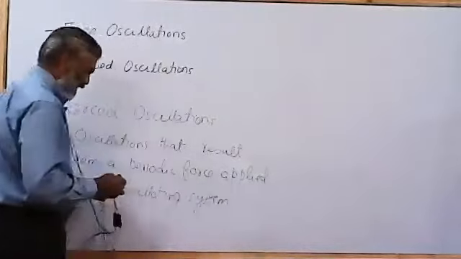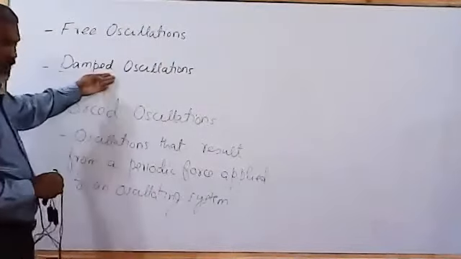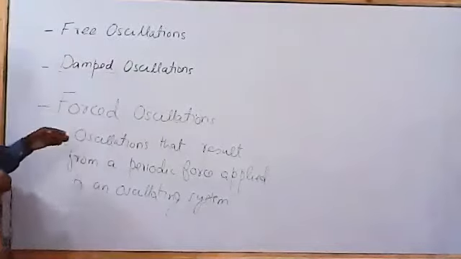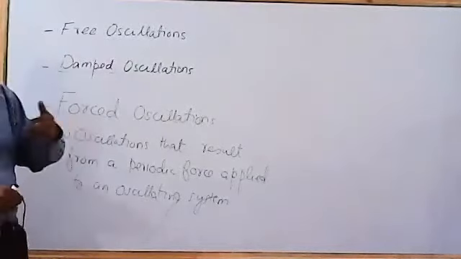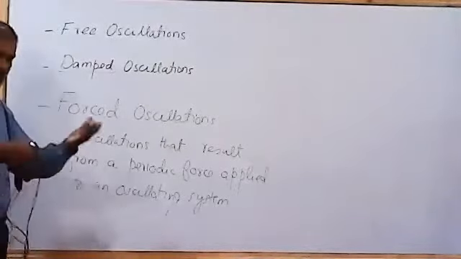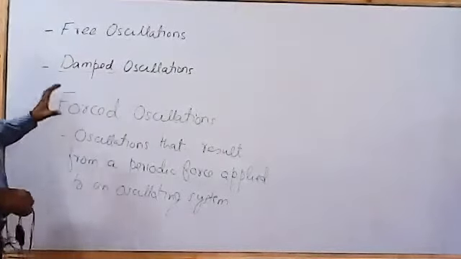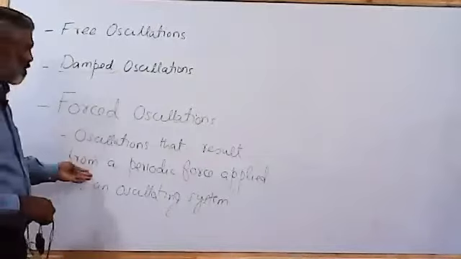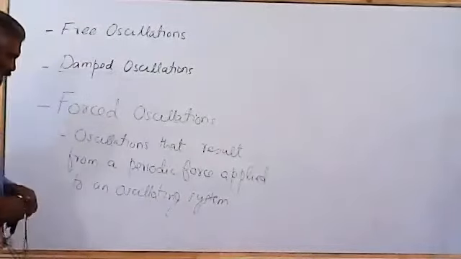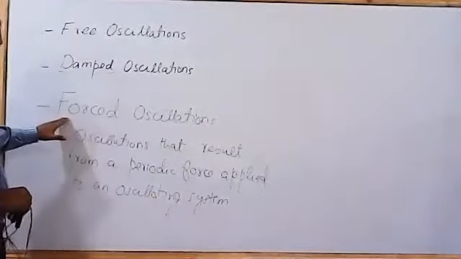So if a system is already oscillating, but it loses its energy, its oscillations are undergoing some damping, and we want this system to continue oscillations, naturally we need to put in some energy in the form of a periodic force applied to it, and such oscillations that result from this periodic force, which may be in any way we create, that system undergoes forced oscillations.